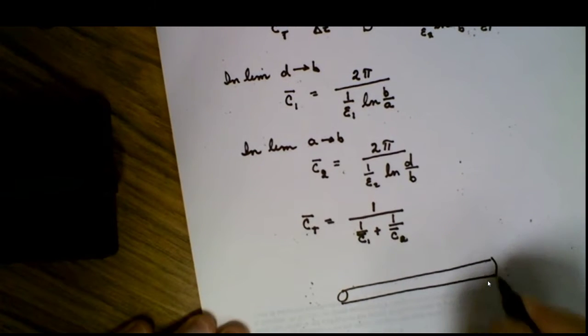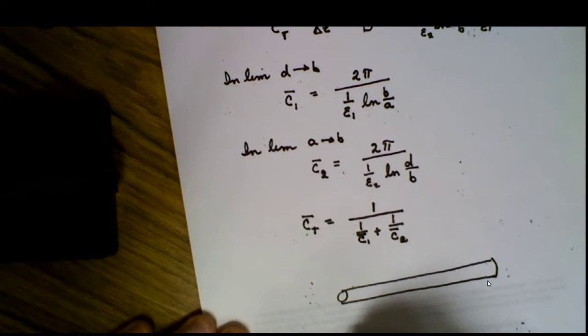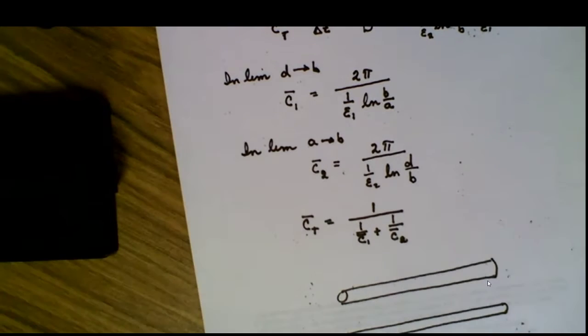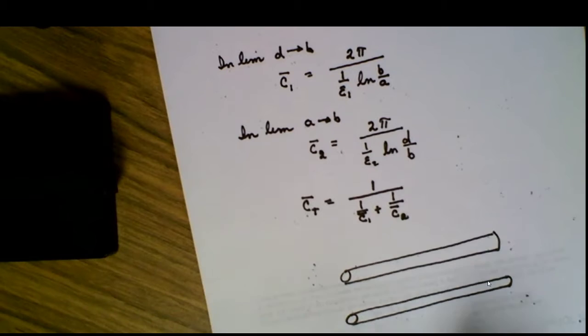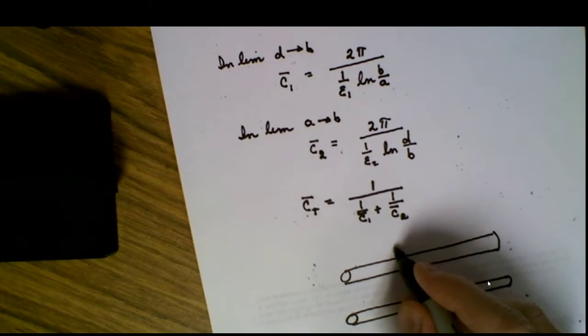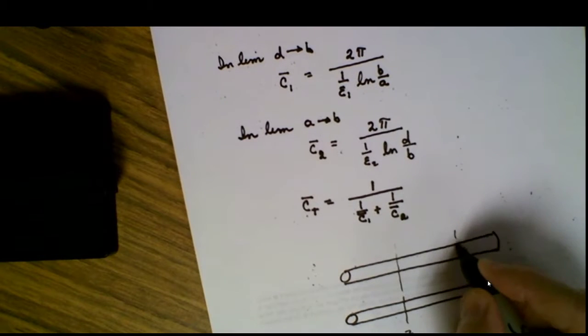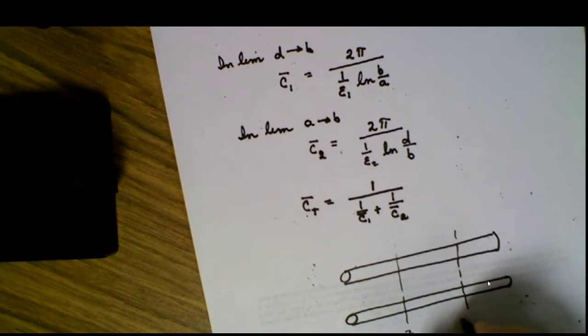So that represents one wire, and this represents our second wire. And I allow the wire length to become quite large. And I want to look at only a small section of that wire between z and z plus delta z.